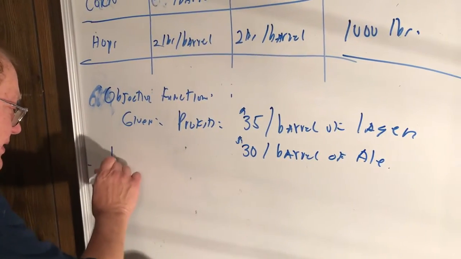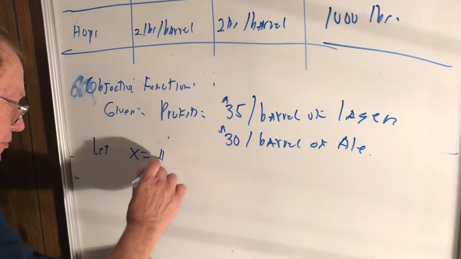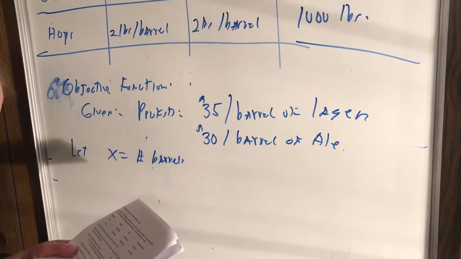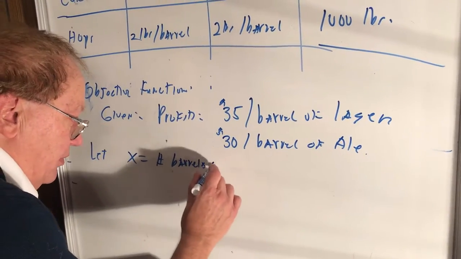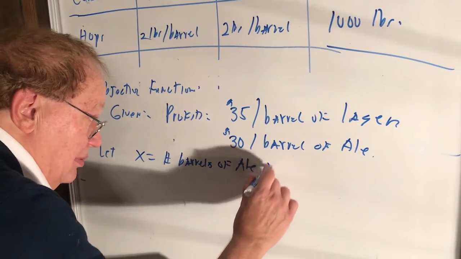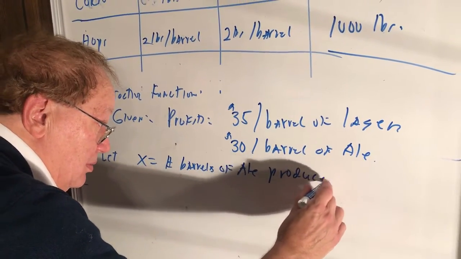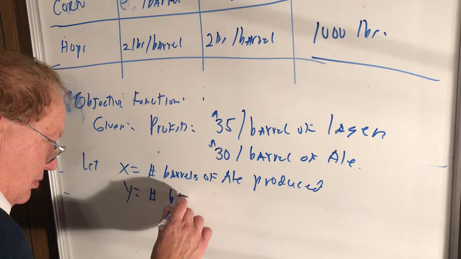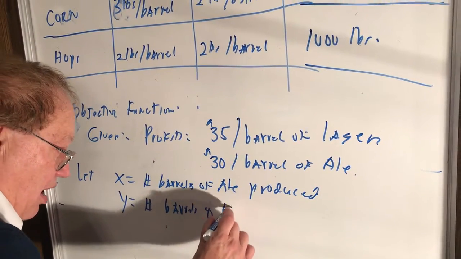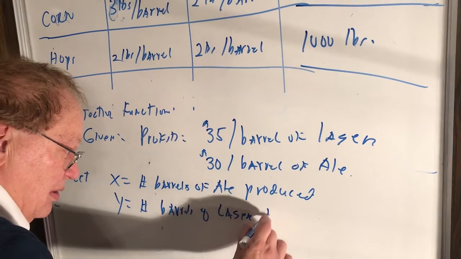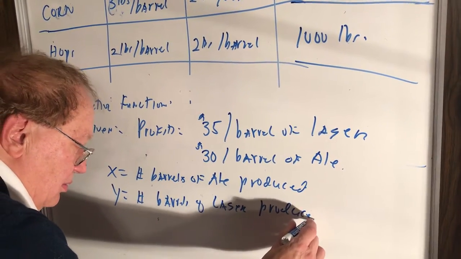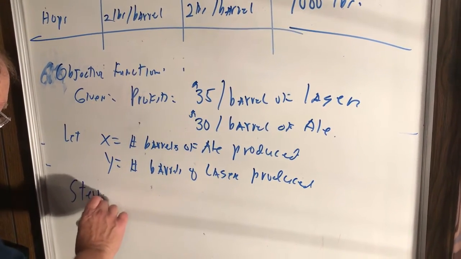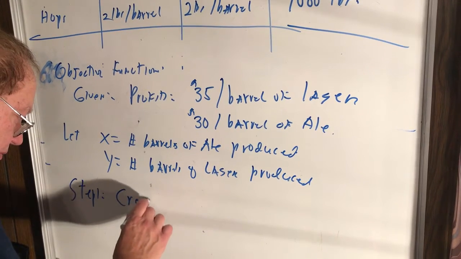So that means we're going to let X equal the number of barrels of ale produced, and Y equal the number of barrels of lager produced. So step 1, create the objective function.